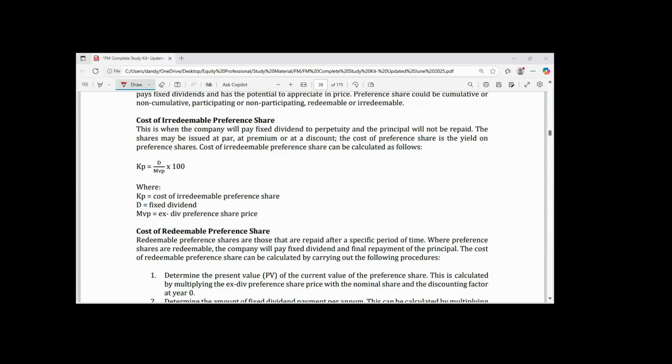Excuse me, sir. Are we now looking at the other methods of calculating cost of equity, which is the capital asset pricing model? No worry. The capital asset pricing model is a topic on its own. Last week I listed the topics that I'm going to take you through for the FM scope.